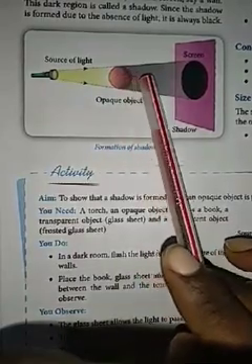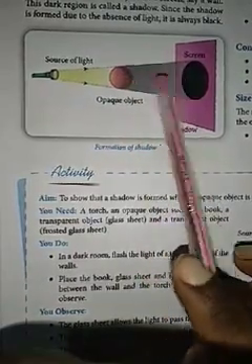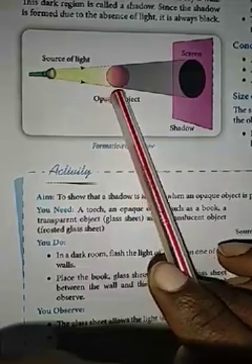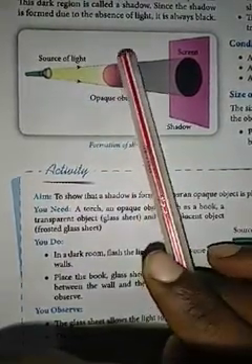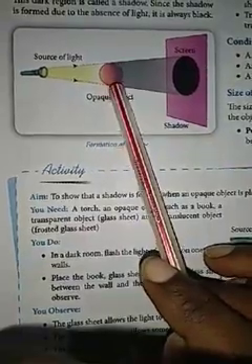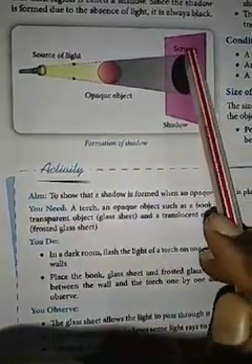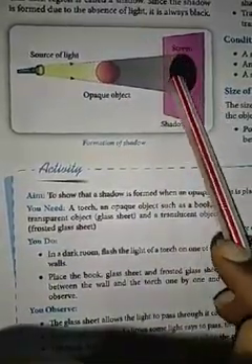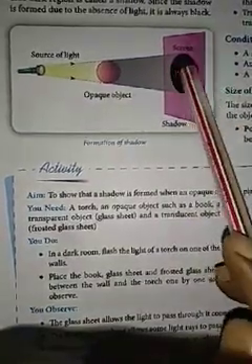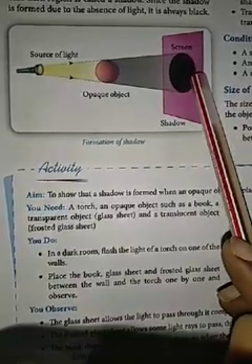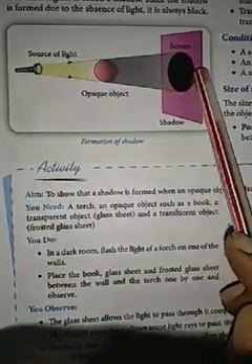Therefore the light rays pass through the edge of the opaque object and form a dark patch on a screen behind the object. That dark patch is called the shadow of the object.